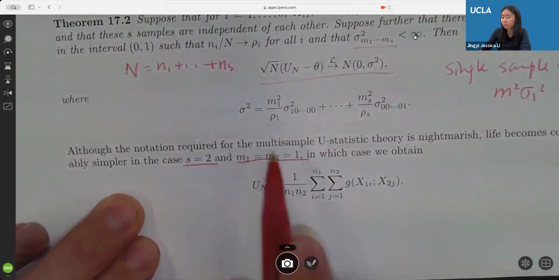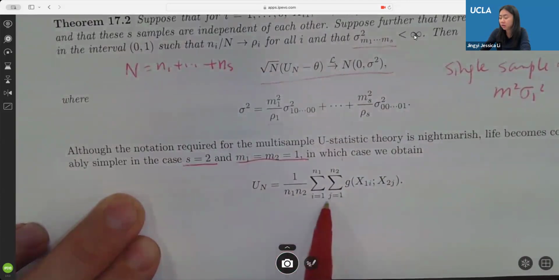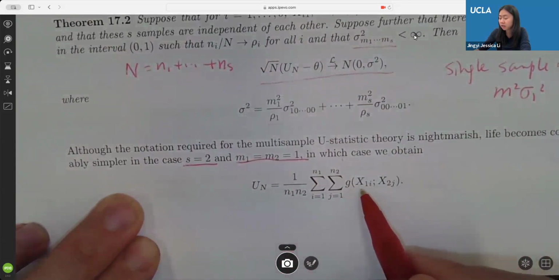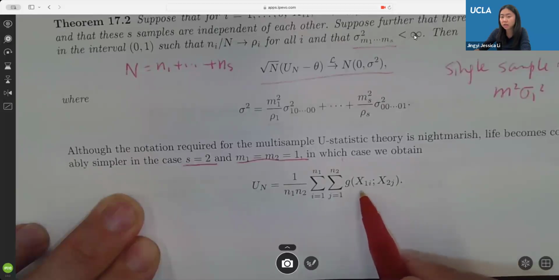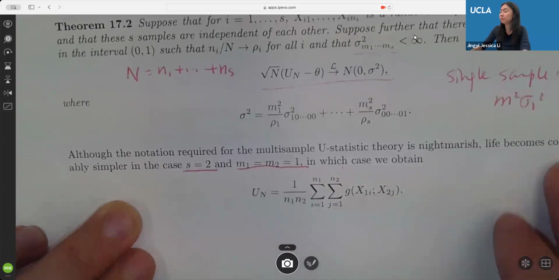So first order parameter and statistic. So U_N, 2 samples with sizes N1 and N2. I goes from 1 to N1, J goes from 1 to N2, G applied to X_1I, X_2J. In this case, 1 and 2 indicate the sample, and I and J indicate the index within the sample.